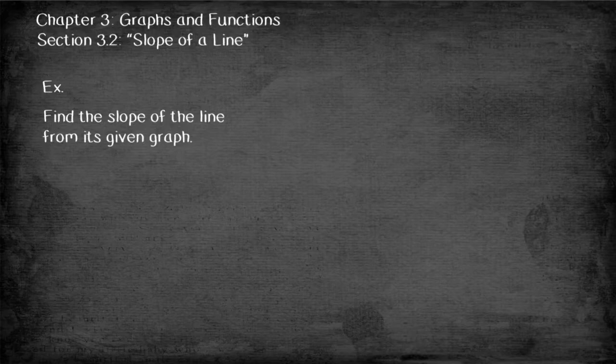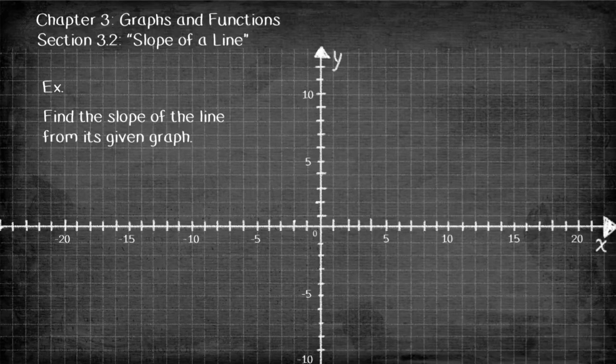All right, so let's figure out how to find the slope of a line from its graph. So here we have our line, and we want to know what the slope is. What we're going to do is try to find 2 points where the coordinates are going to be integer values. That's just going to make it a lot easier to tell what the horizontal and vertical change is.